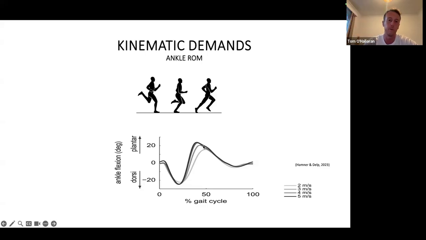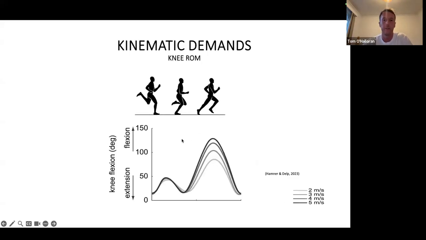So we know we need to move into plantar flexion for toe off. And this is going to be changed by speed. Obviously, the quicker we go, the more plantar flexion we're going to get at toe off, and that might be around 25 degrees. If we're thinking of the knee in the sagittal plane, it doesn't need a lot of range of motion in terms of our testing process.